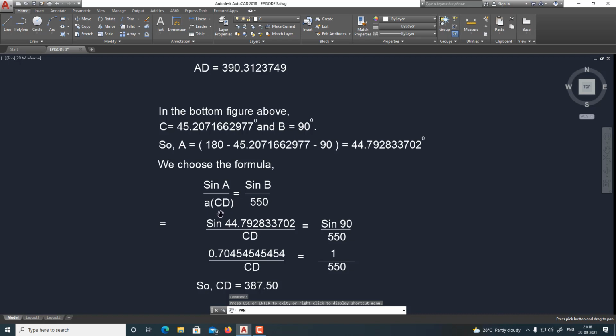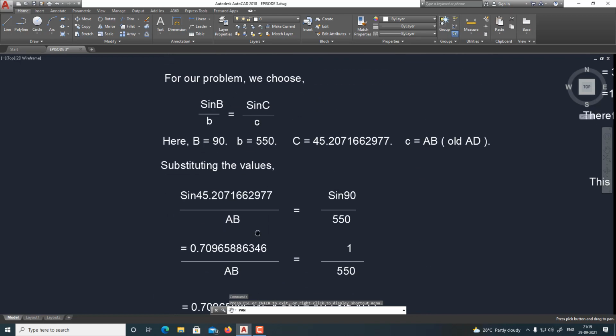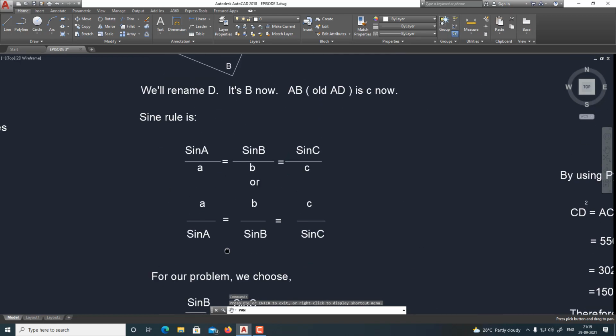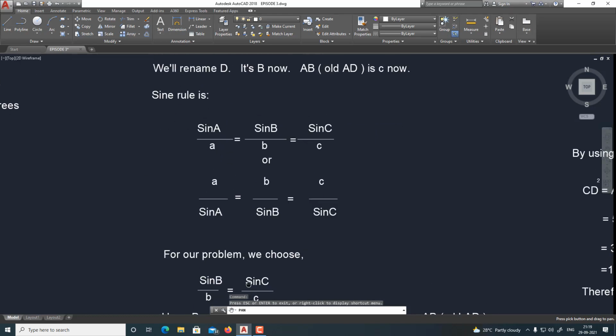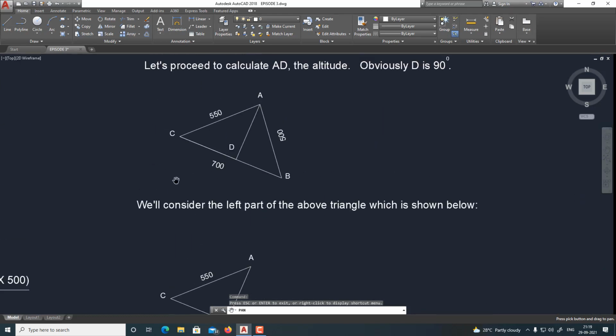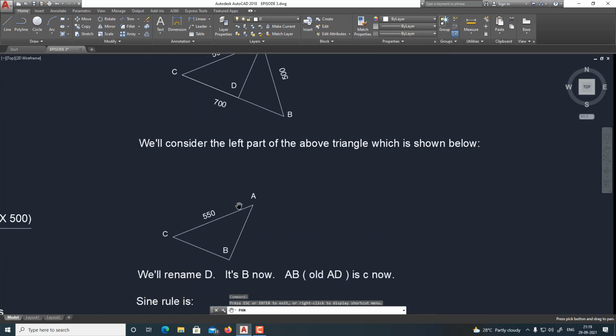Now we choose the formula sin A by a. This is CD. This is CB. This CB is CD previously. We were calculating CD, which means here it is CB, there it is CD.